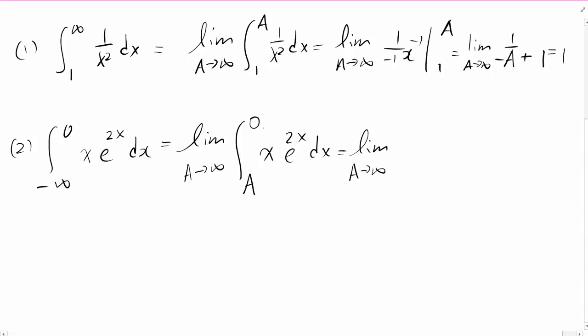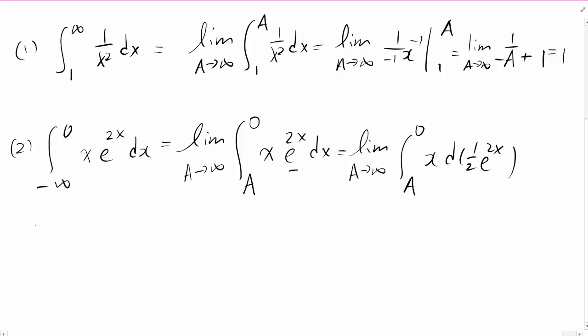But for this definite integral, we need to use integration by parts. We integrate this part first, and then we have the following. Just copy over here a to 0. When we integrate e to the 2x, we have 1/2 e to the 2x. That's what we have.